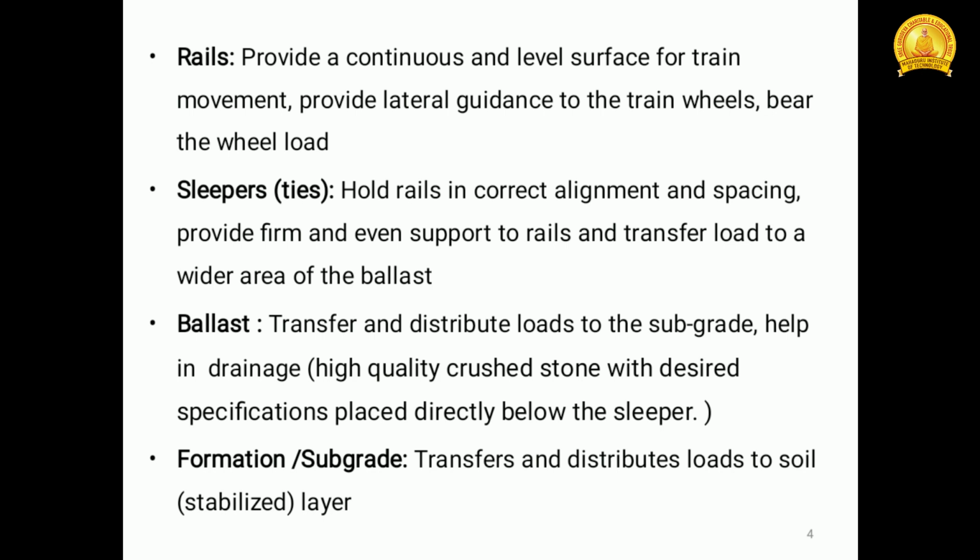In transportation engineering, whether highway or railway, the track alignment is very important. So sleepers hold the rails in correct alignment and spacing. Also, they provide firm and even support to rails and transfer load to a wider area of the ballast.